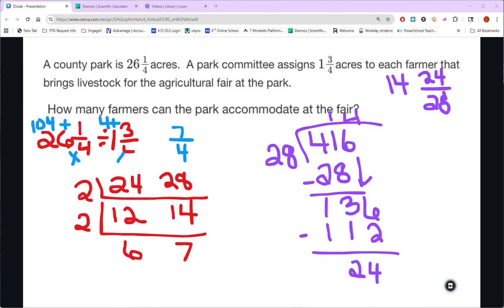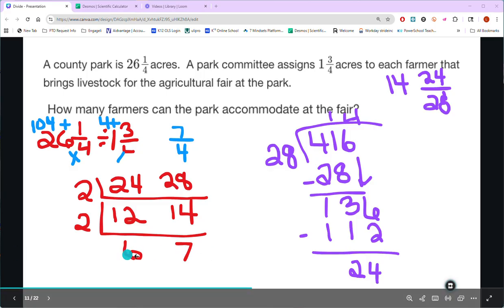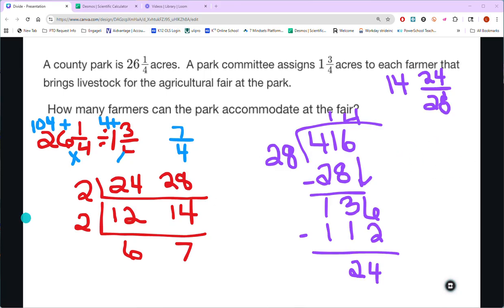And 7 is a prime number. It won't divide 6. So my final answer, I'm going to write it over here, is 14 with the reduced fraction of 6/7.